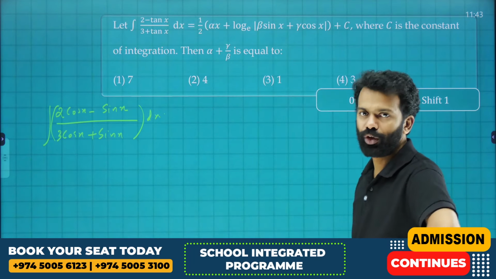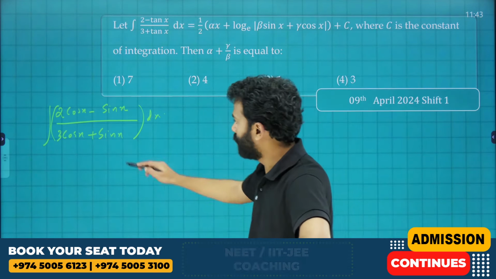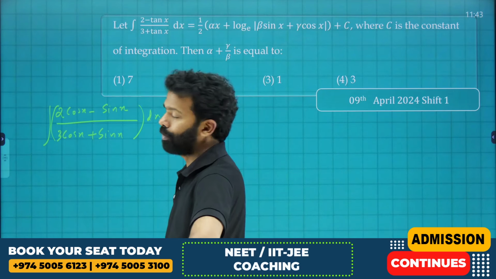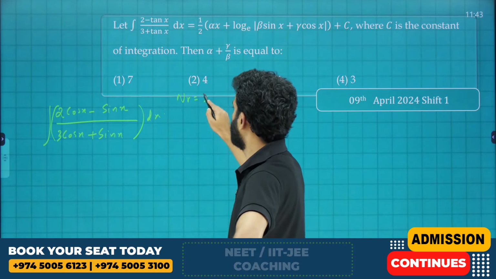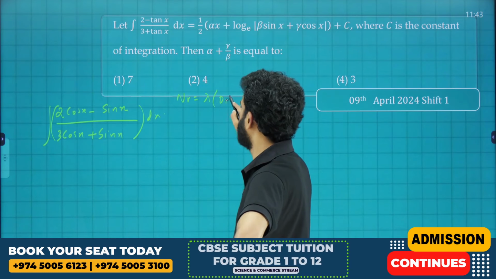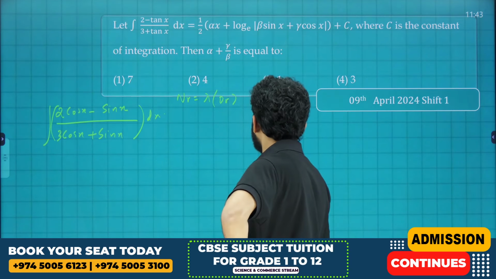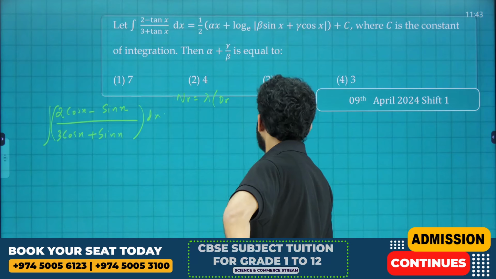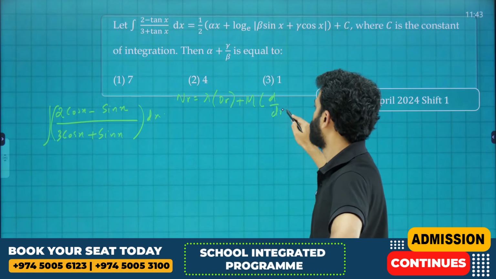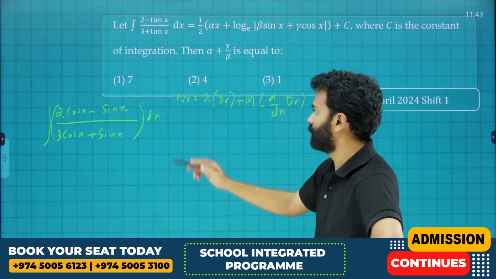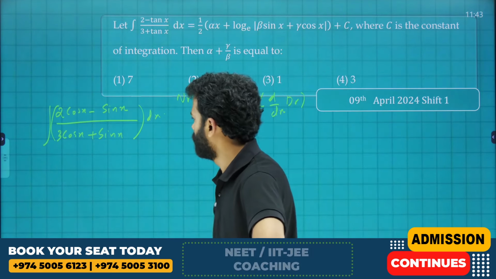Okay, so how are you going to formulate this one? If it is like this, then how will you represent the numerator? The numerator is equal to lambda into denominator plus mu into d by dx of what? Denominator. This is how you need to present this one. Therefore, what is the numerator here?